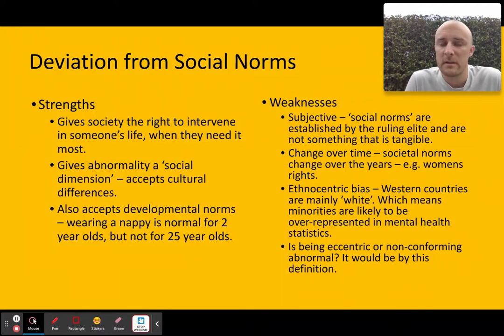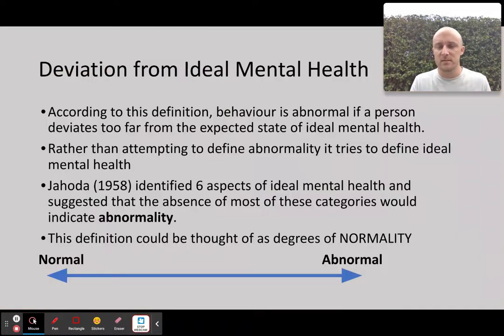I know I can't speak much about hair, but when does being eccentric become being abnormal? Eccentricity is just people who are a little bit weird, so where's the line? With statistical infrequency, there was a clear line, right? But with this, the line is a little bit blurred, which is an obvious weakness.